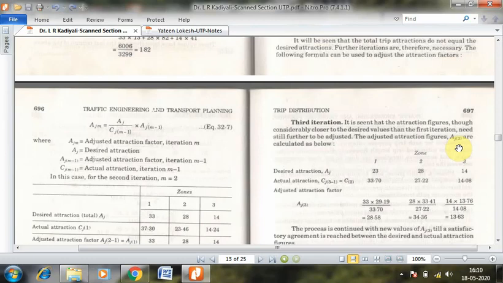But due to the shortage of time in the examination, you might be asked to solve the problem only till first or second iteration, and possibly show the adjusted attraction factors, that is Aj values, for the third iteration like the way it has been shown in the problem.